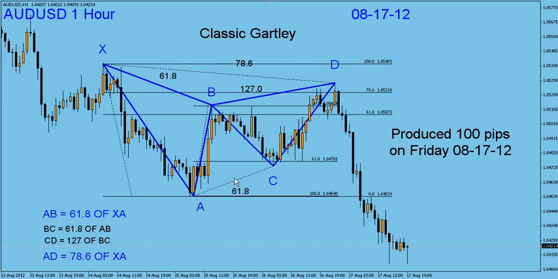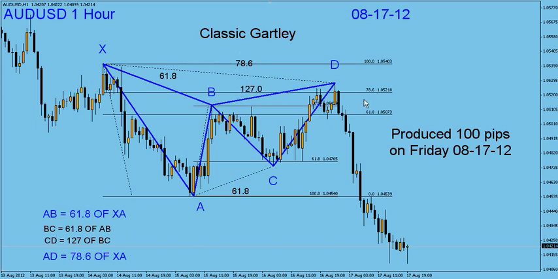Then price started going towards point D, and exactly at 78.6, tested twice, and then produced a solid bearish engulfing candle, which is a solid sign of a reversal. Once you know the Gartley and the exact calculation, you expect a reversal, and then the candlestick confirms that.